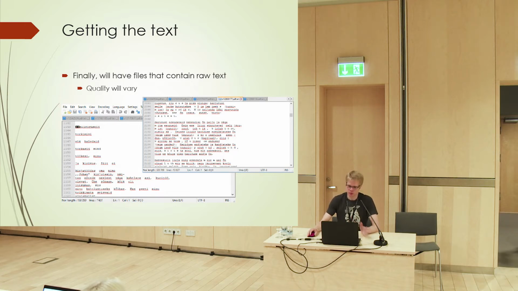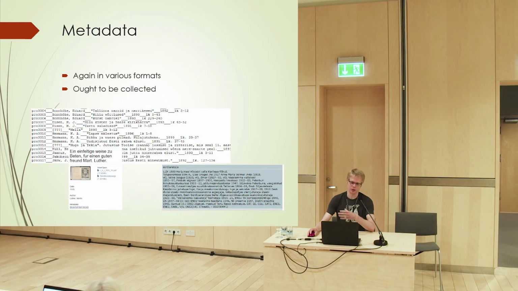So in my case, I tried to get the texts that were available. I looked through all these archives, tried to get the text files, and process them into something machine readable, and now I have this collection. But in addition to that, I also need some sort of metadata. I need to know under which kind of conditions this text was produced.